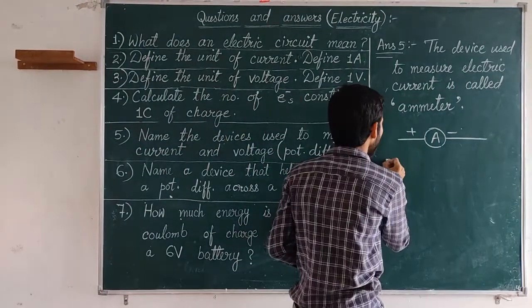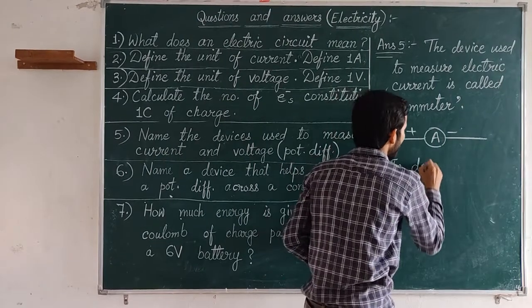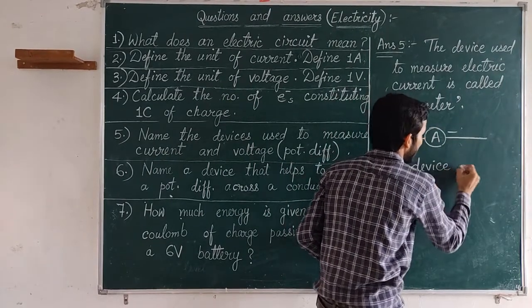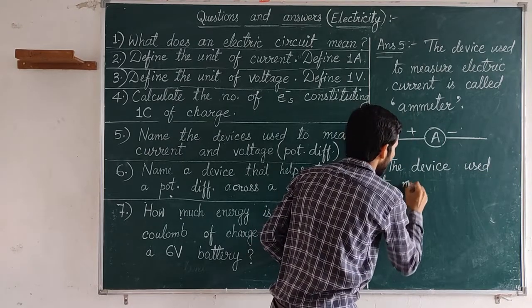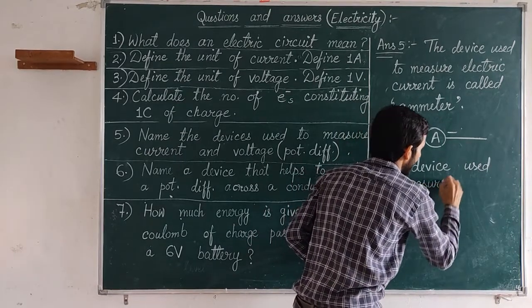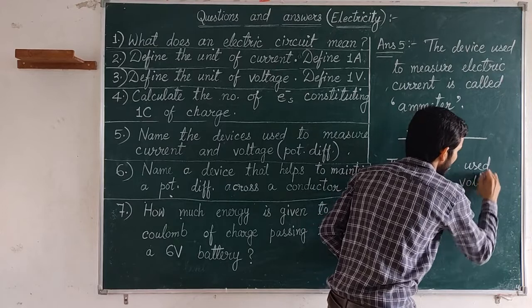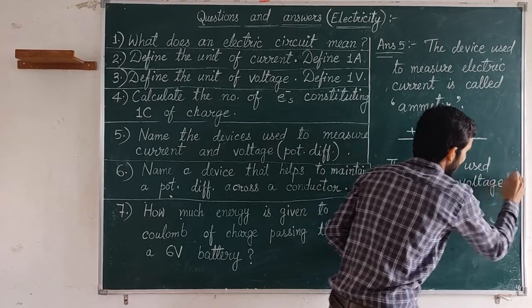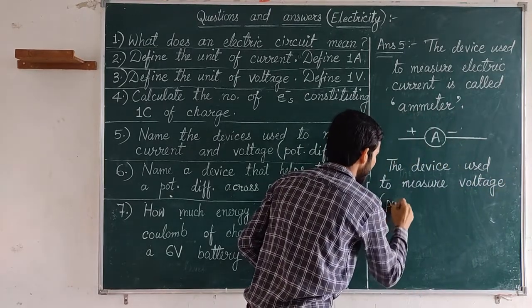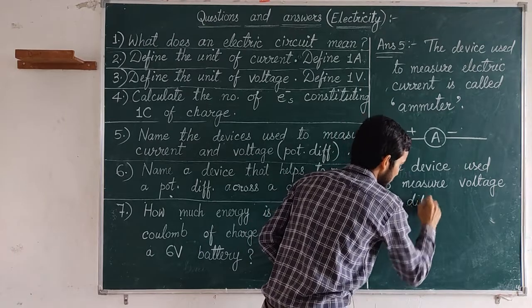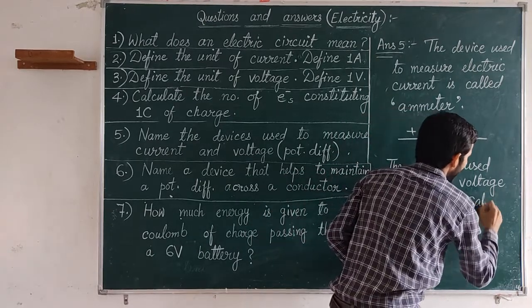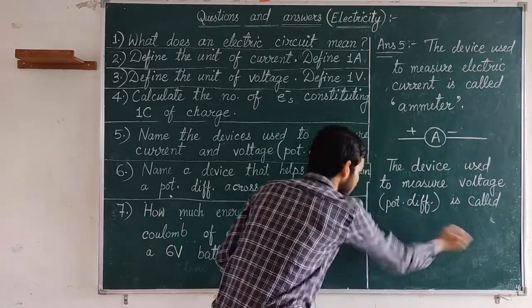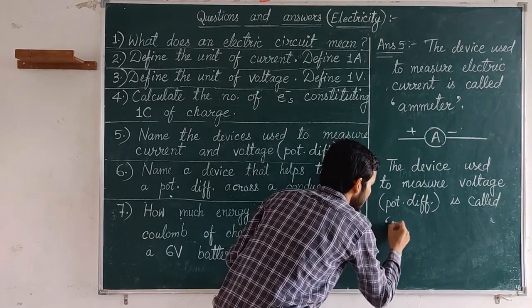The device used to measure voltage or potential difference is called voltmeter.